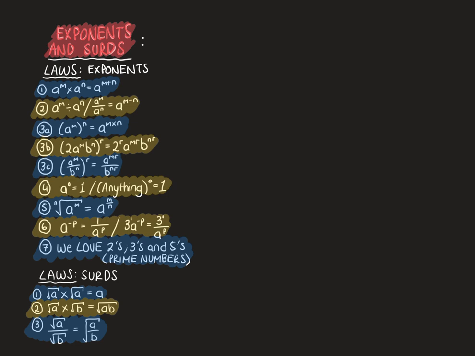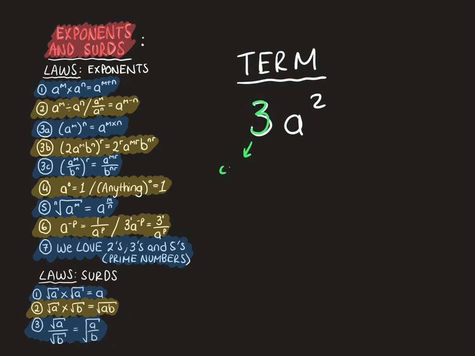We understand that when we are dealing with a term in algebra, it's made up of, let's say, for example, this. So this is a term. Now we need to understand that 3 is known as the coefficient.